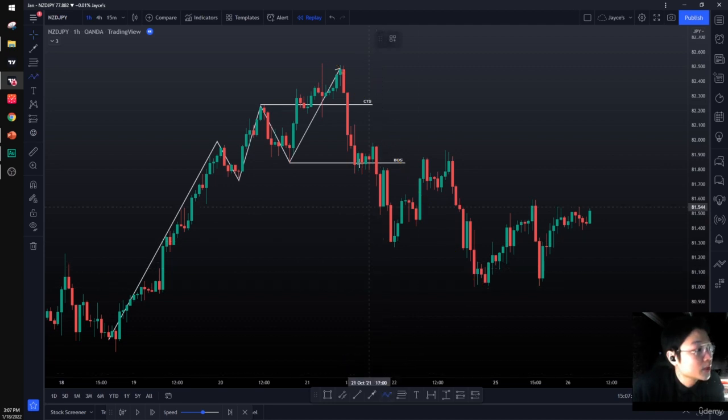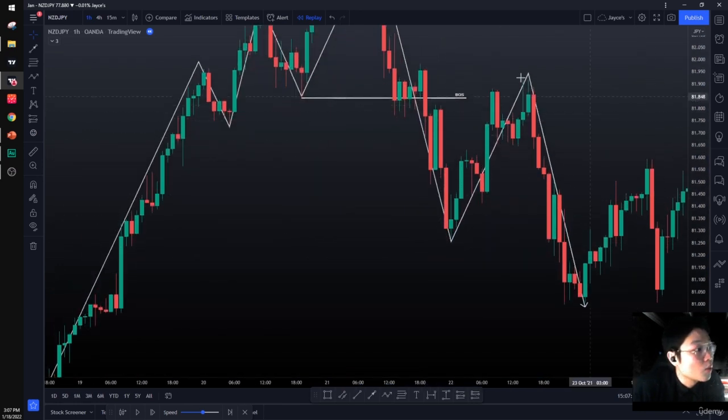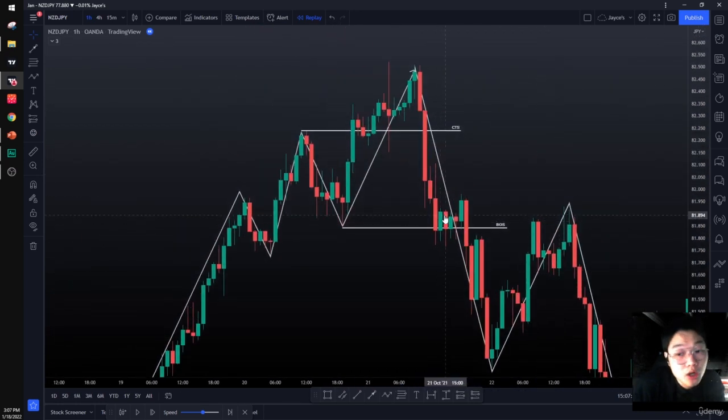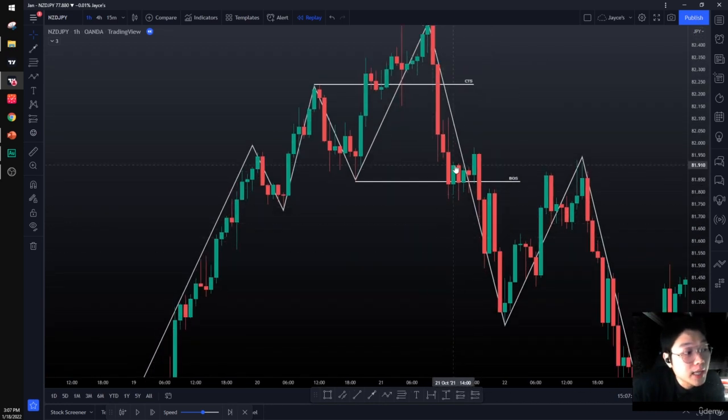The first thing you can see is that the structure might be like this. And why is this not a pullback? Because price pulled back 1 candle, and after that 1 candle, price went down immediately, then went up and down and up and down.